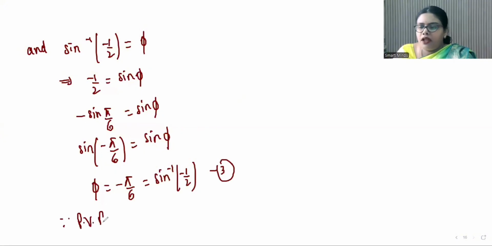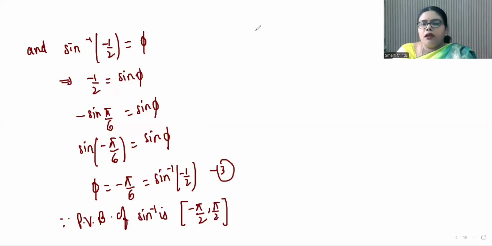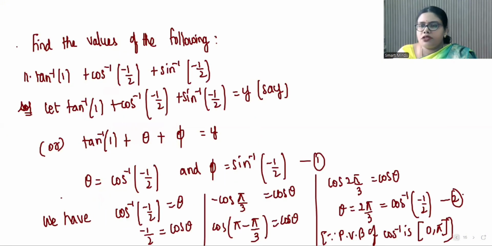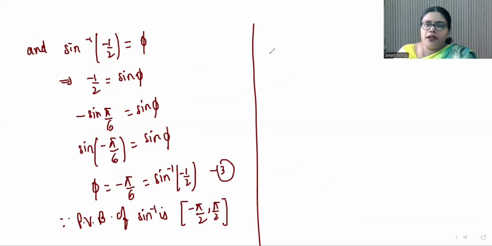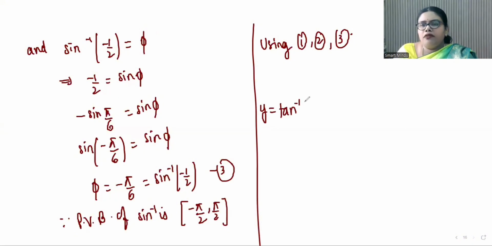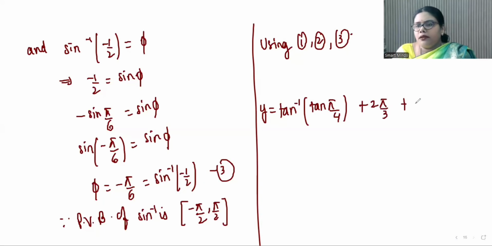Since principal value branch of sine inverse is the closed interval minus pi by 2 to pi by 2. Now using equations 1, 2 and 3, what do we get? y equals tan inverse of 1, which can be written as tan pi by 4, plus 2 pi by 3, plus minus pi by 6.